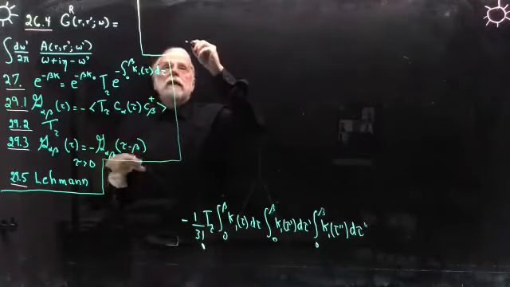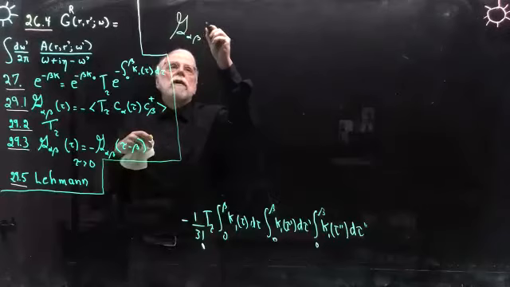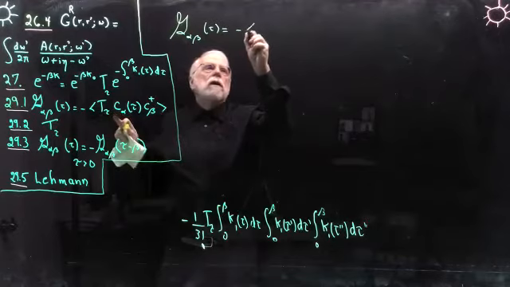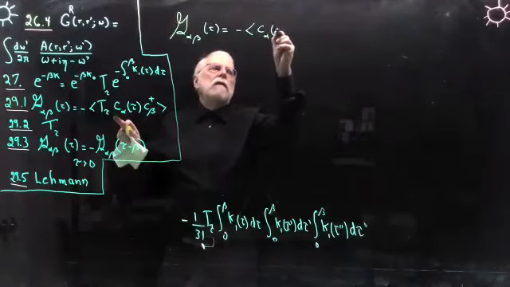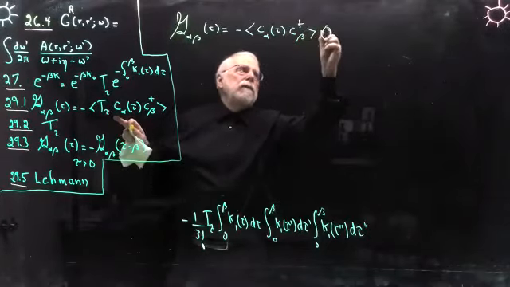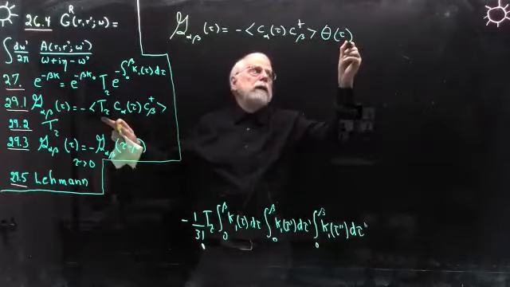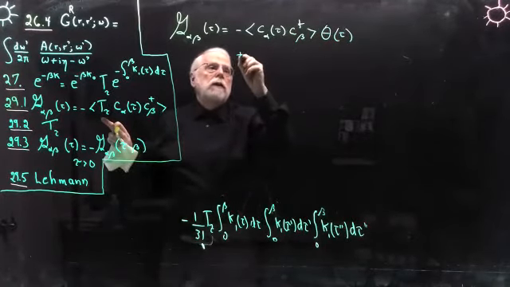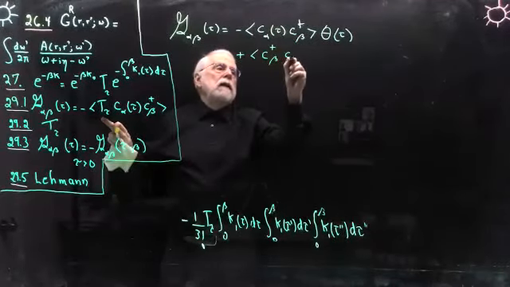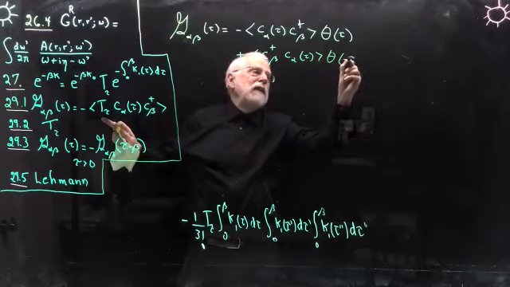So what is this G of alpha beta of tau? It is equal to minus C alpha of tau C dagger beta if tau is larger than 0, because that's what the time ordering operator is doing, plus C dagger beta C alpha of tau times theta of minus tau.